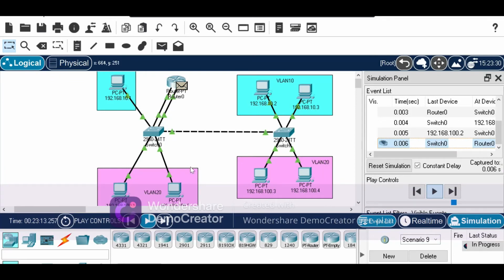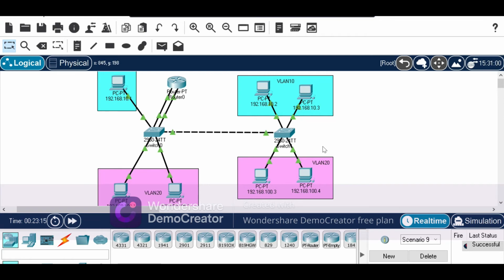Again the message gets transferred to the router, and from the router to 10.1, where we get a response back. This is how it works when you have a router device connected to your system. Then we can send a message from one VLAN to the other VLAN. This is the device through which we achieve this communication.